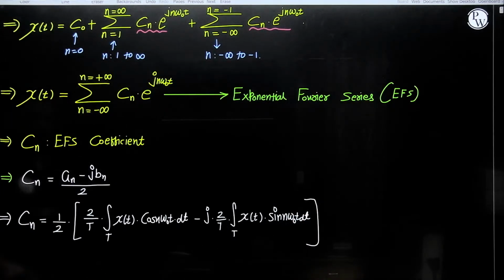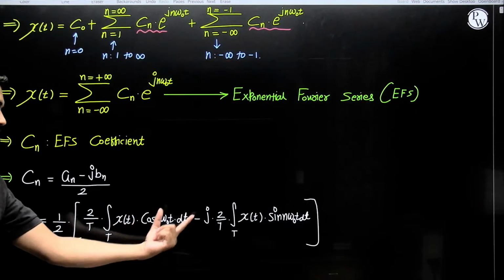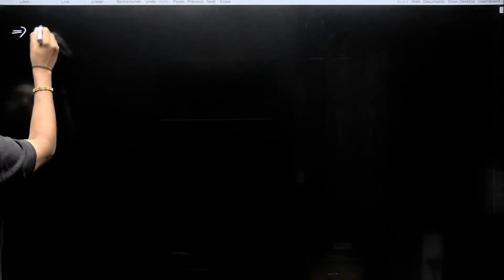Now we can combine. See, these 2 and 2 cancel out, and we can combine the integration with x of t common, so it will be cos n omega 0 t minus j sin n omega 0 t. Then it will cancel out.